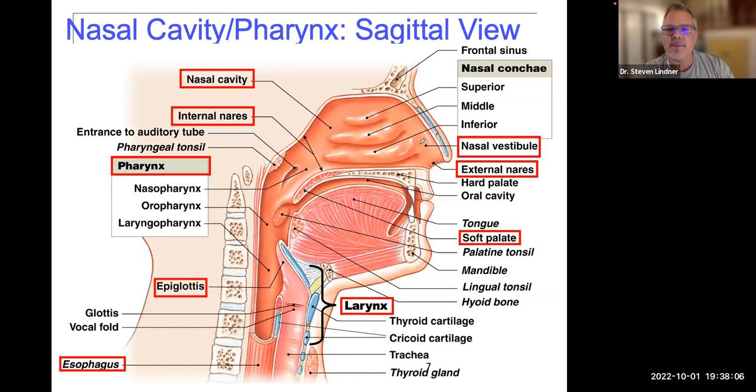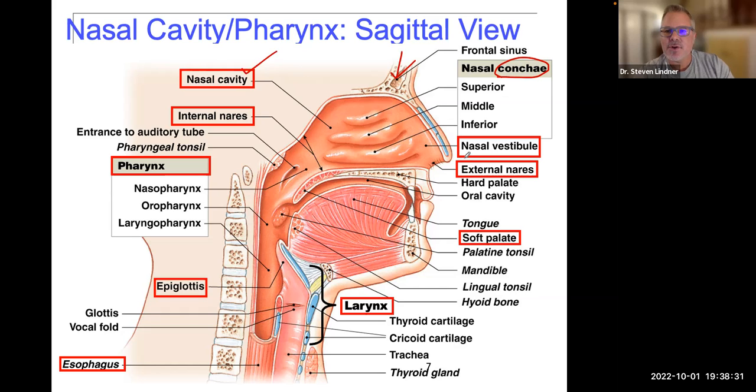Again, here's a nice picture showing the nasal vestibule, the external nares, right? The nostril. We now have our inferior, middle, and superior concha, also referred to as the inferior, middle, and superior turbinates. Here is the frontal sinus. Here is the nasal cavity.